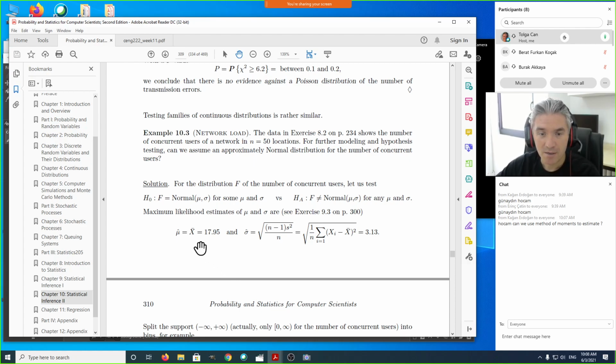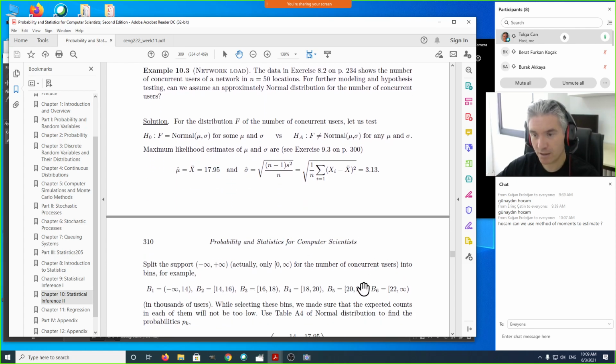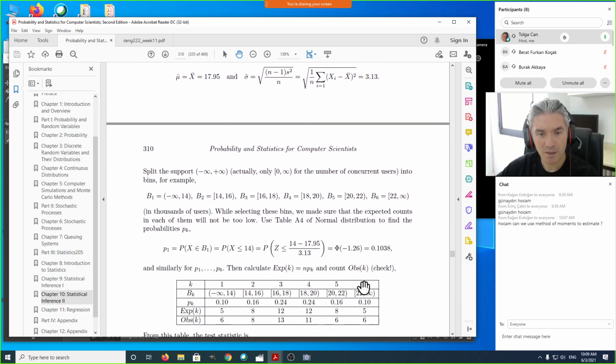I don't know for sure that in the chi-square test there is a hard written rule that you have to use maximum likelihood. But in most cases it's a good approximation to the real parameters, so it's maybe the most widely used method. But I think you could use method of moments.